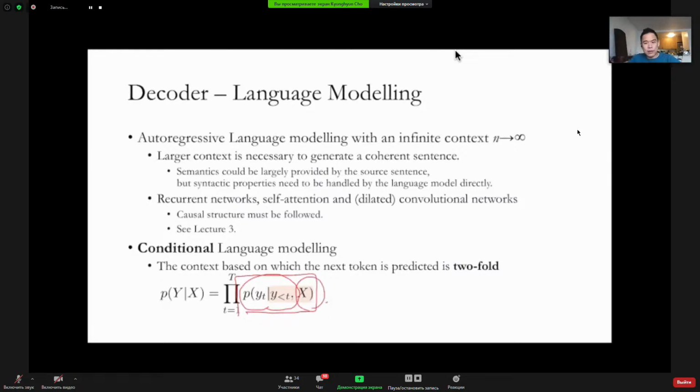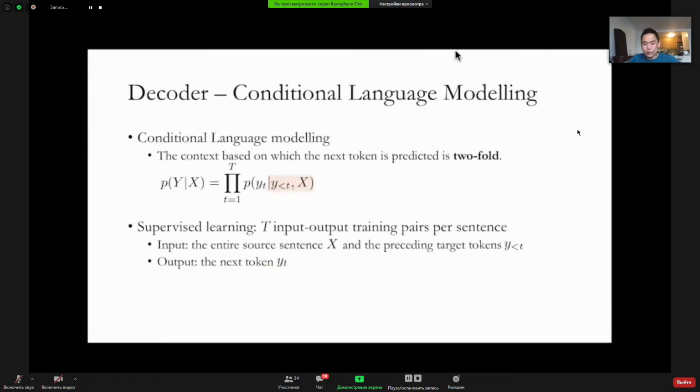So it's really just a language model, and we have already learned how to build a language model, right? So it's really true that we have already learned how to build a neural machine translation system. And the amazing thing is that this whole thing can be written in one Jupyter notebook using PyTorch or whatnot, and you can get a full-fledged machine translation system on your laptop as well.